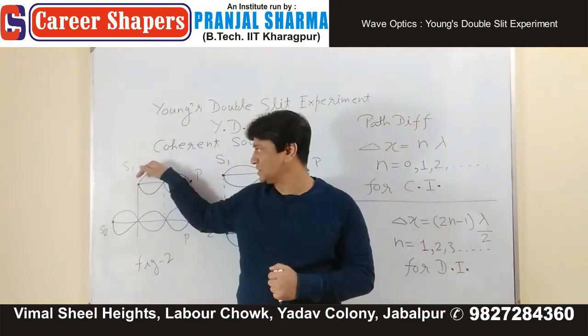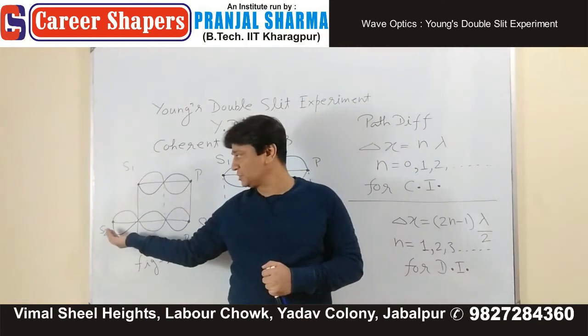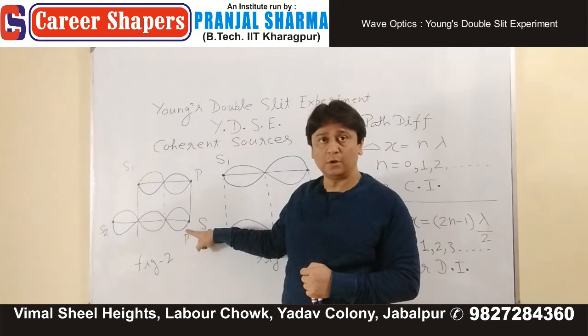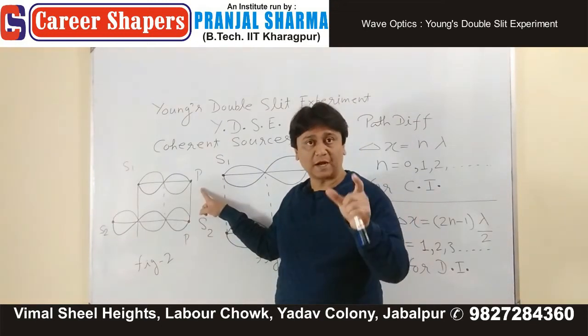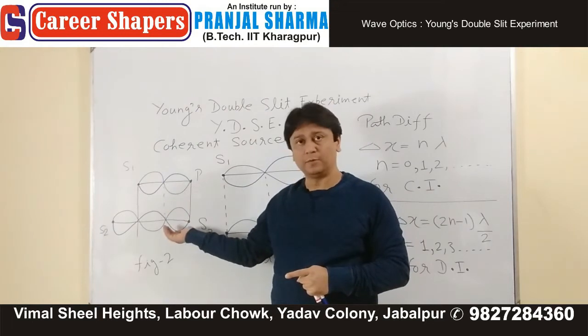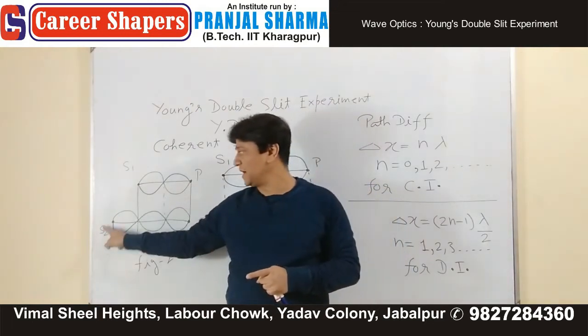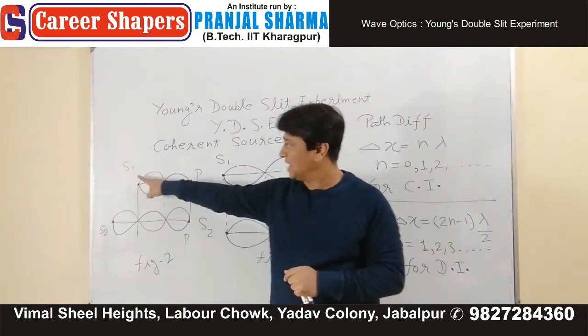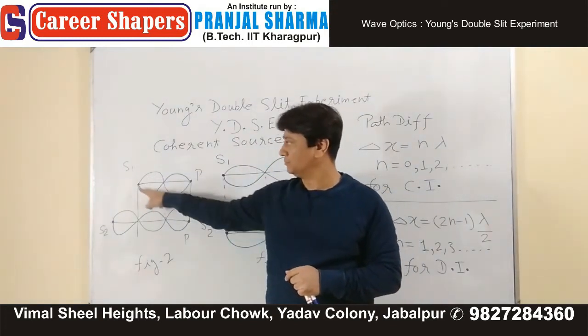So if S1 sends black, S2 sends blue, black interferes with blue, and you get what? Constructive interference. Black with blue. What was the phase difference right here? Pi.